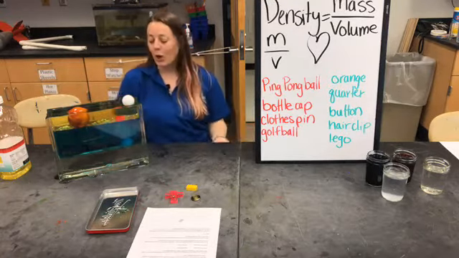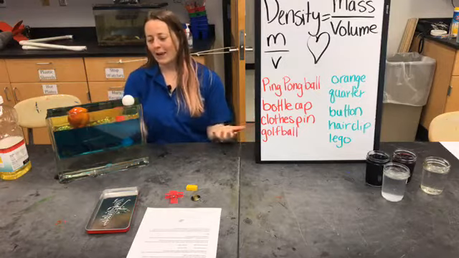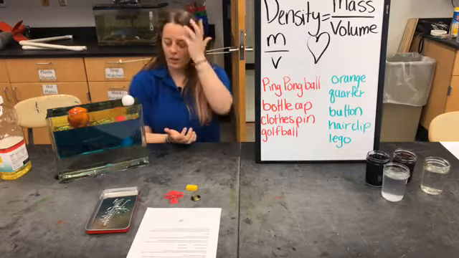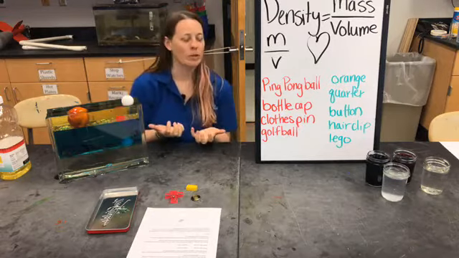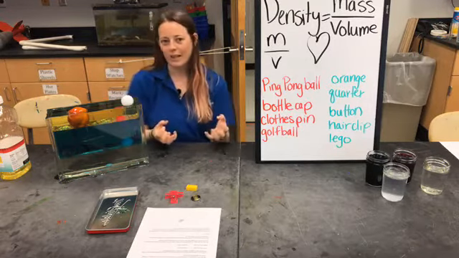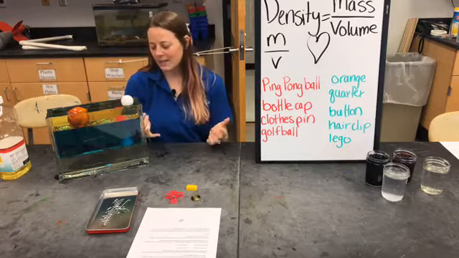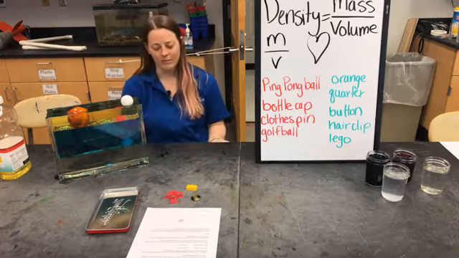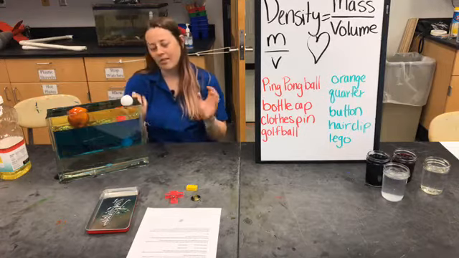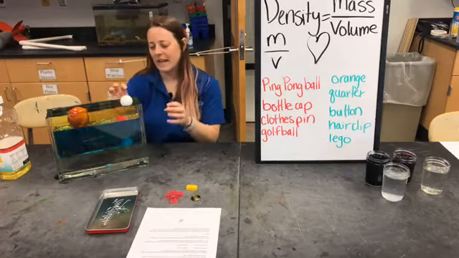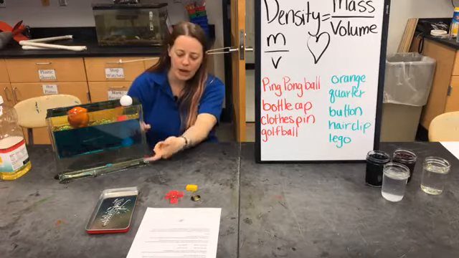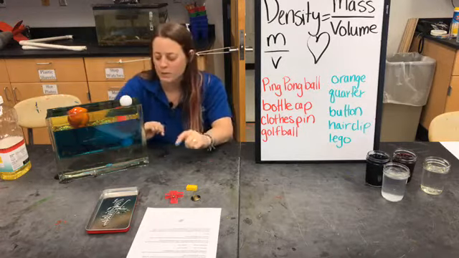So when we're looking back at all of these objects that we chose, we can see how their densities are different from each other. The object that we had today that was the most dense was actually the corn syrup. And then the other two that were in the middle, they are denser than the top two layers, but not as dense as the corn syrup, surprisingly.